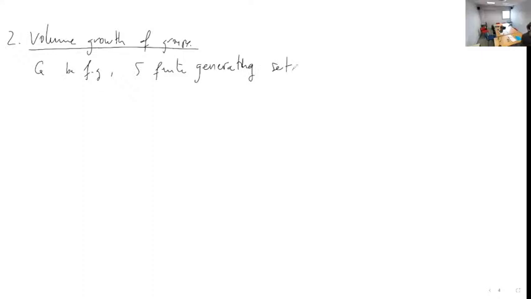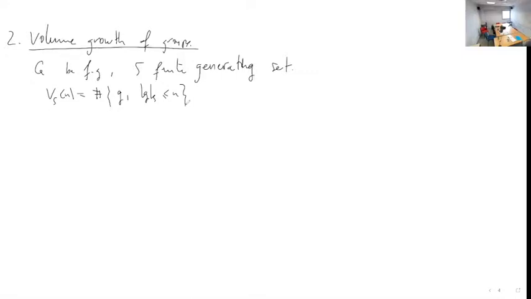And what you can do, you call V sub S of n the number of elements g of length at most n. So there's a whole sheet of exercises around that. And this is a fundamental notion of finitely generated groups.